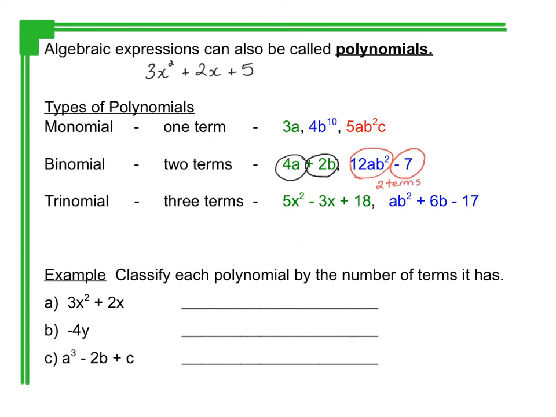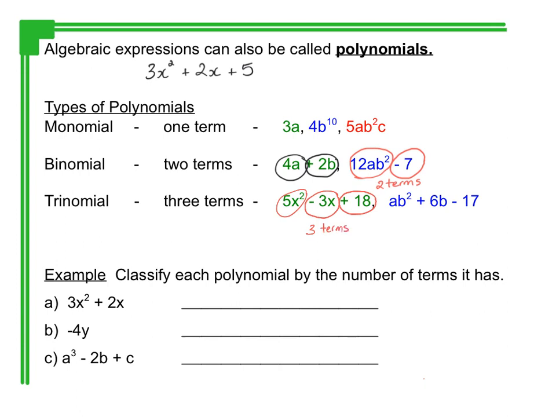Okay, there's one other type of polynomial that we talk about, and that's if it has 3 terms, it's called a trinomial. Okay, look at the expression here in green. 5x squared, then subtract 3x, and then add 18, 3 terms.